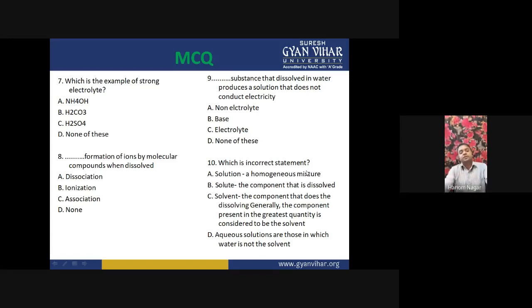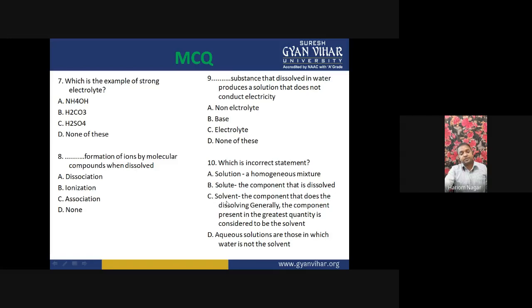Yes, this is correct, because a homogeneous mixture of components is called a solution. Option B, solute: the component that is dissolved in the solvent is called the solute. It is also correct, and it is present in the solution in less quantity.